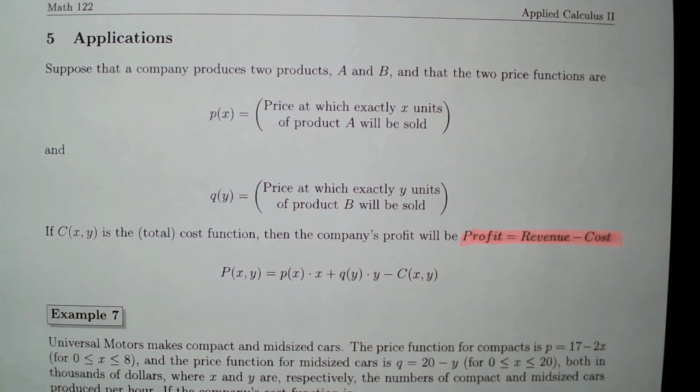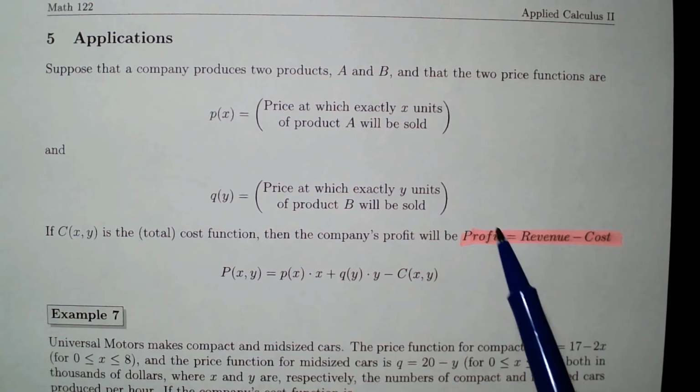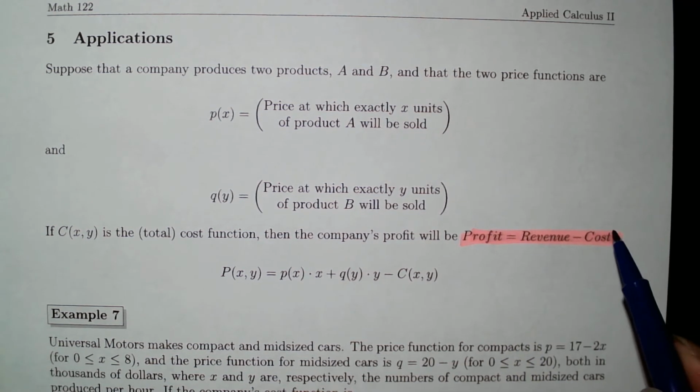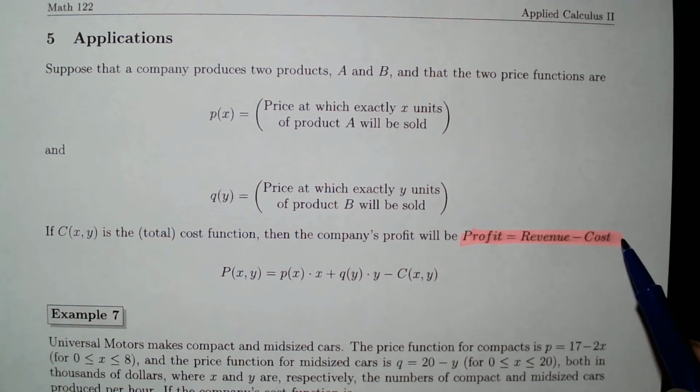But to find the profit, the money that you will get out of it, you need to subtract the original cost, in this case the number of sodas that were sold times the original price.